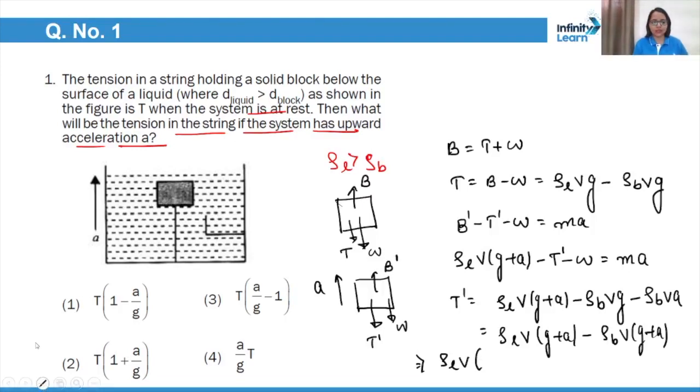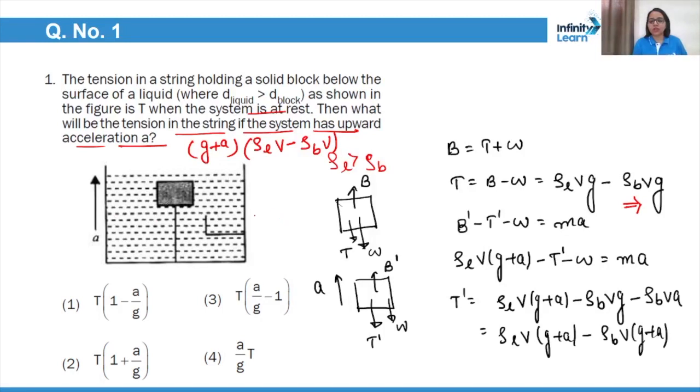Let me erase this. Yeah, I'm writing it over here, G plus A common. So this will be rho L into V minus rho B into V, right? But rho L into V minus rho B into V can be written as T upon G using this equation.